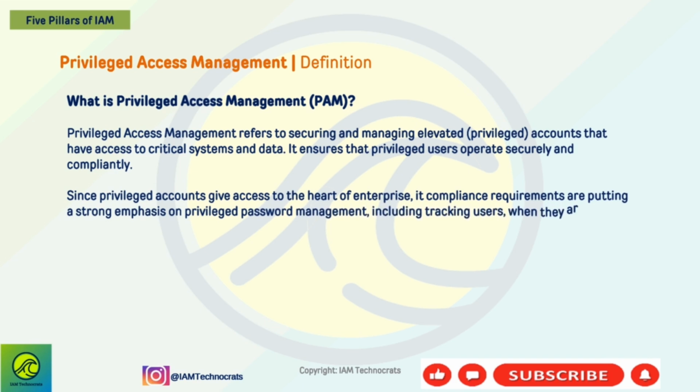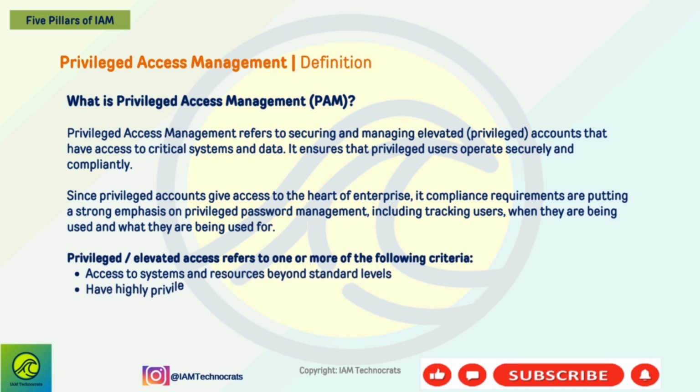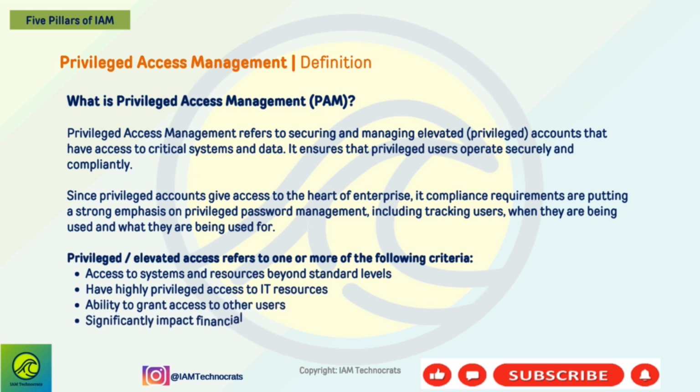Since privileged accounts give access to the heart of the enterprise, compliance requirements are putting a strong emphasis on privileged password management, including tracking when they are being used and what they are being used for.